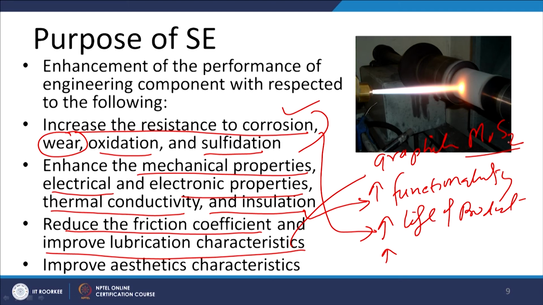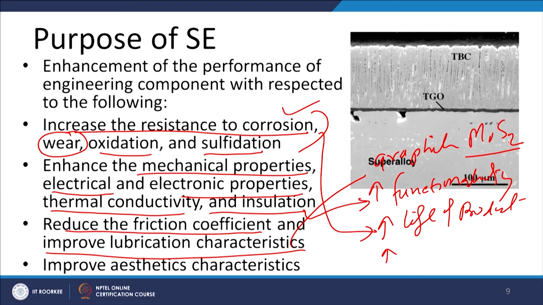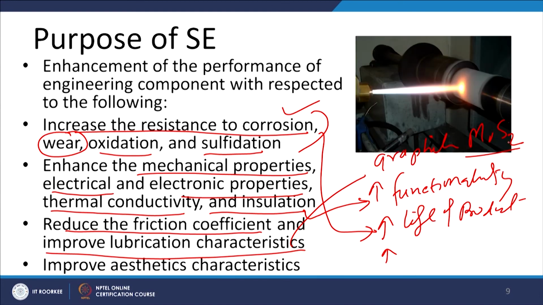So, now we will see as far as the functionality is concerned, initially here like coating the component using a suitable wear resistant material through the thermal spray process, so that it sustains the wear conditions effectively.